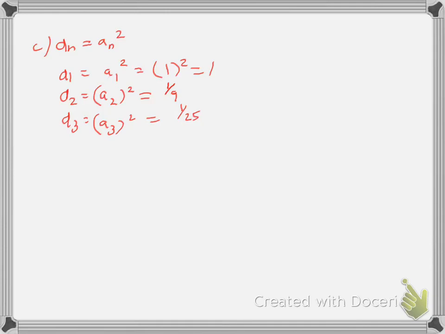Okay, the last one, and I want you to try this one on your own. e sub n, which is 2 a sub n minus a sub n plus 1. I'm just going to give you the final answer.